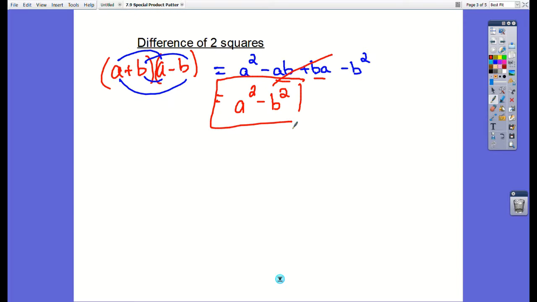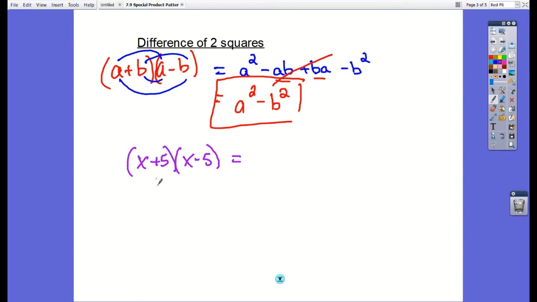Circle this, star this, highlight this. When you have a product of binomials where the only difference is the operation, meaning one's addition, one's subtraction, then your answer is going to be a difference of 2 squares: something squared minus something squared, right? That's a difference of 2 squares. An example of that could be (x plus 5) times (x minus 5).